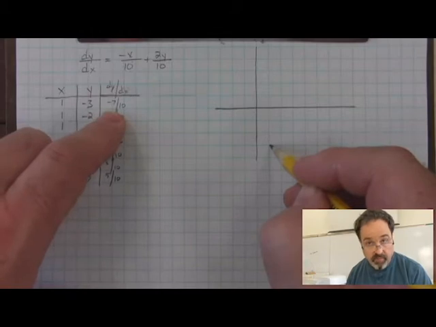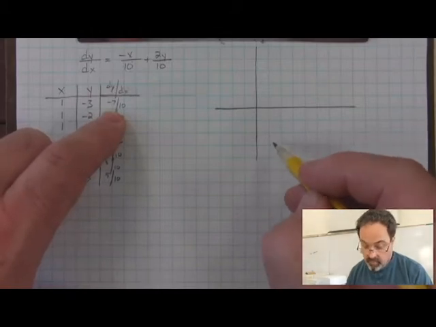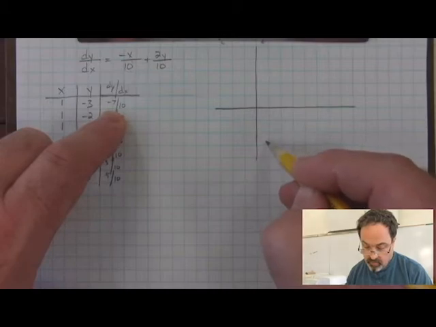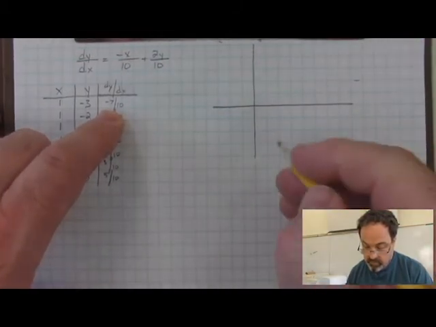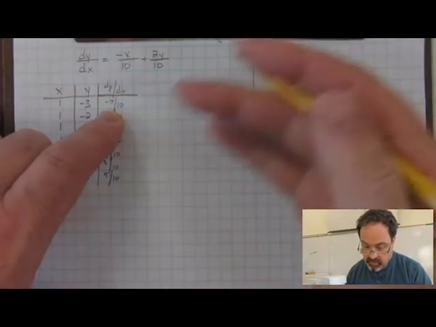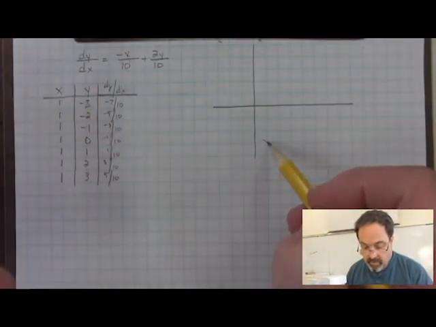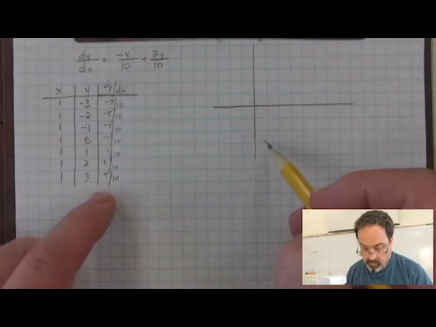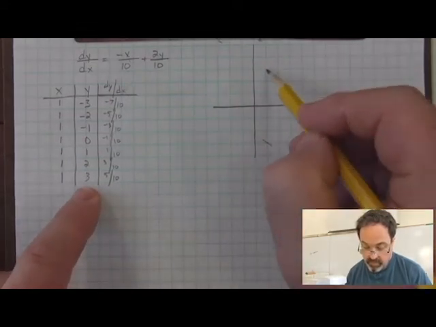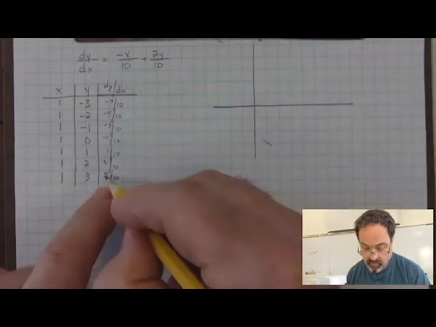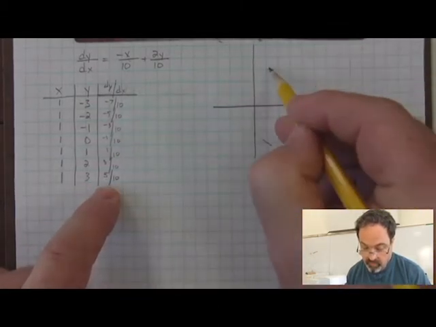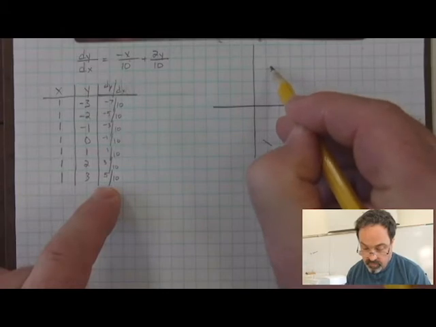So it's not quite a slope of negative 1, but we're going to estimate that with a tiny tangent line that has approximately negative 7/10 slope. When we have a y value of positive 3, then the location is here, and the slope is going to be a positive 5/10. That's a slope of 1/2, which will approximate like that.